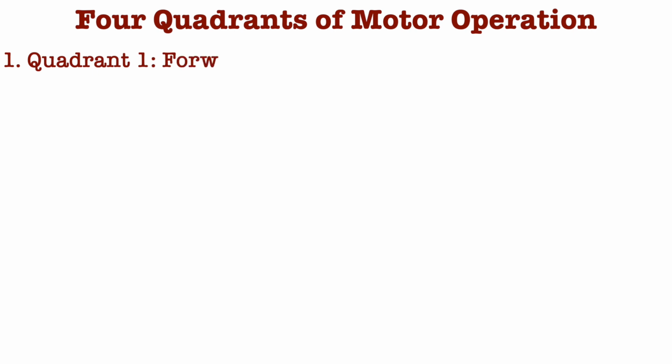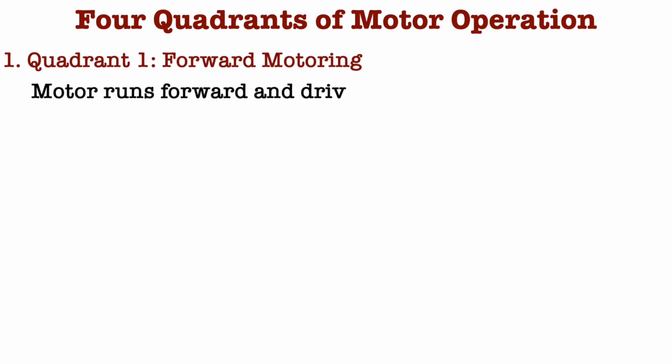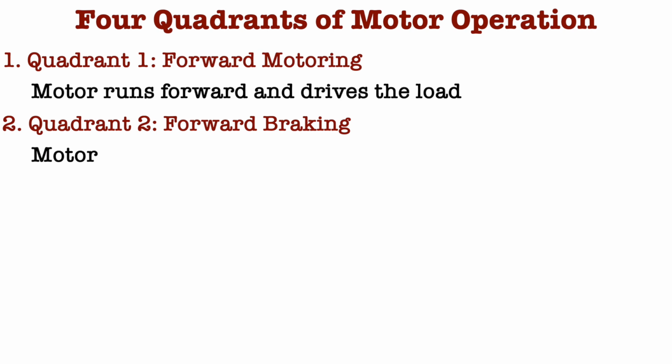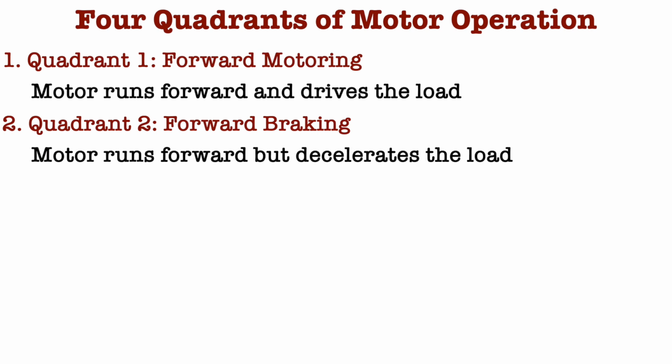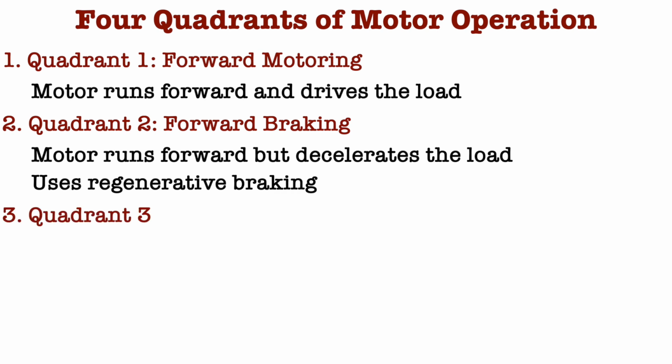Quadrant 1 is the forward motoring. Here the motor runs in the forward direction and drives the load. Quadrant 2 is forward braking. In this quadrant, the motor runs in the forward direction but decelerates the load, typically using regenerative braking. In quadrant 3, reverse motoring happens.